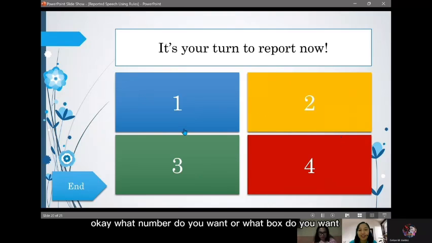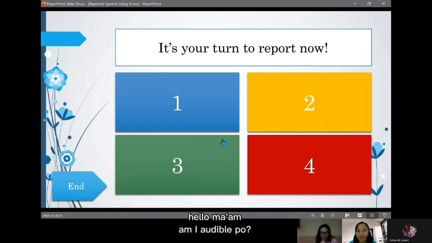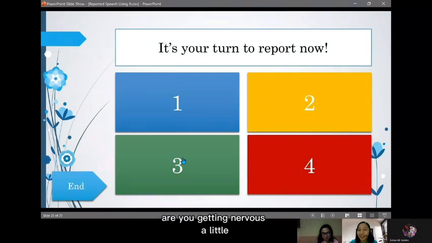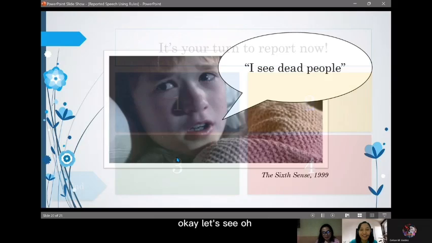What number do you want? Or what box do you want? Choose a box. I want to pick number 3. Okay, number 3. So let's see what's behind this. Are you getting nervous? A little bit. Okay, let's see.